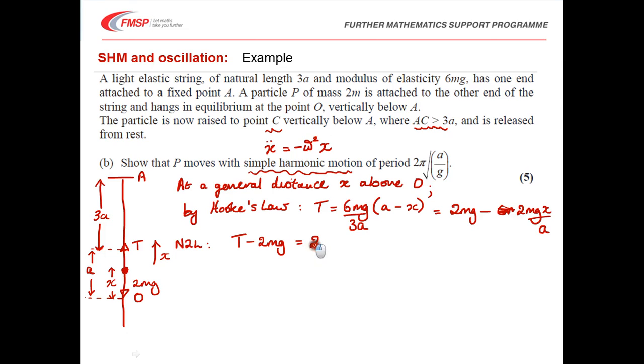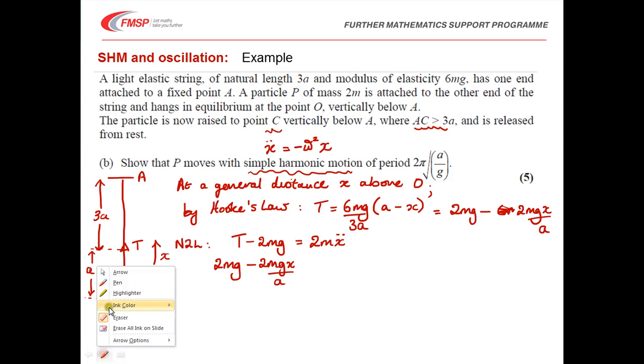Resultant force is mass times acceleration. Remember, our mass is 2m, so we want 2m times the acceleration on the left hand side there. We can substitute in our expression that we now know for T. Sorry, I've missed a bit there, apologies. Forgot to put the minus 2mg in, which is kind of crucial.